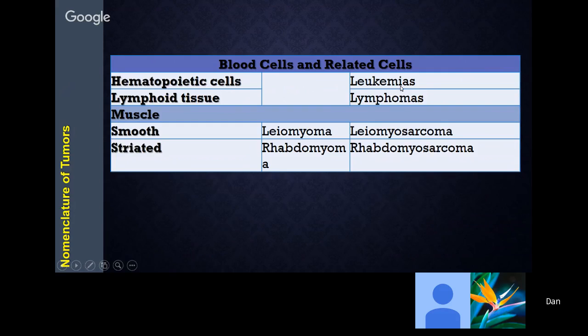And these are types of tumors that they will give you smears for interpretation. For the muscle, myoma or rhabdomyoma, so skeletal versus smooth, and obviously you end up with sarcoma at the end.